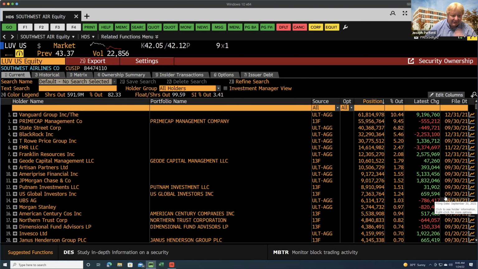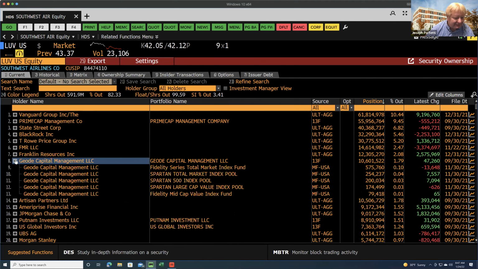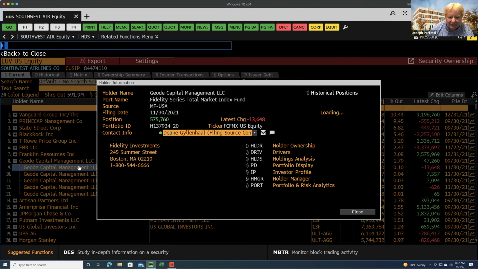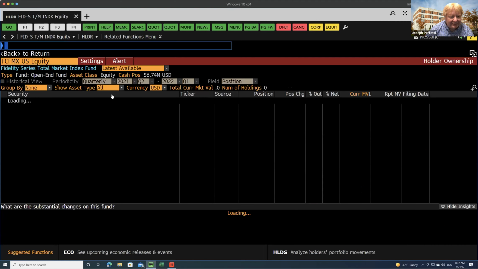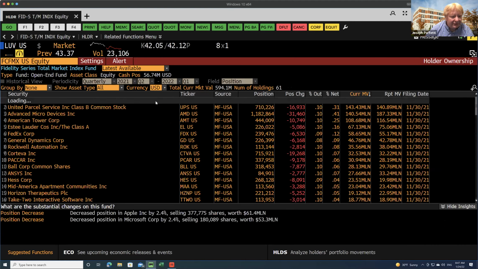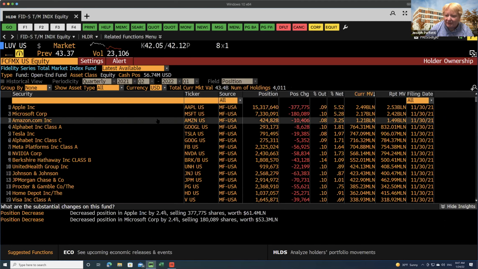Okay. Now, let's say that you get a job for one of these firms. So you're working for, I don't know, Getty Capital Management, pick that one. And you're part of this fund in Getty Capital Management. You can actually click on the fund and you can see all of the shares that this fund owns.